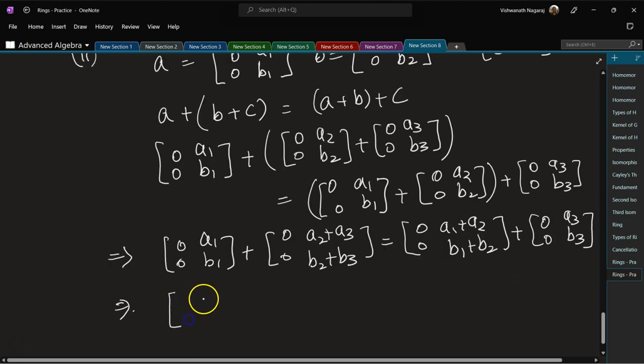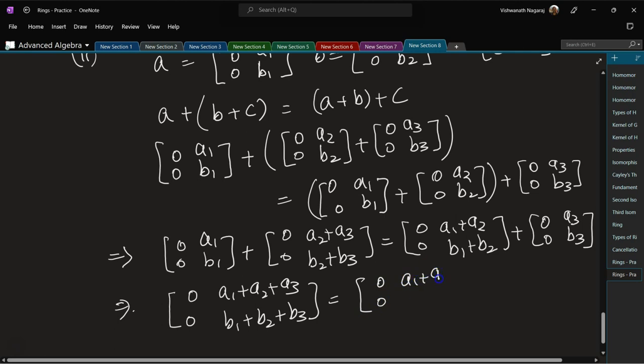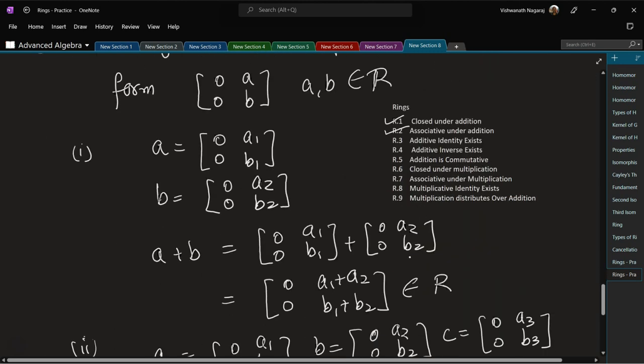And if we add these two, we get [0 0; a1 plus a2 plus a3, b1 plus b2 plus b3] on both sides. So left hand side and right hand side are equal. Now a's and b's are real numbers, so sum of those real numbers is a real number. So therefore associative under addition.